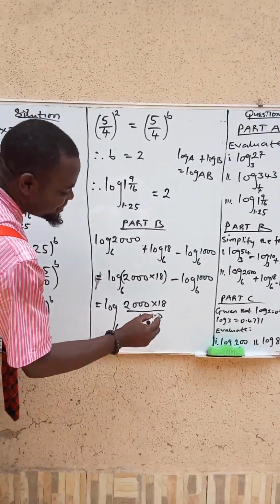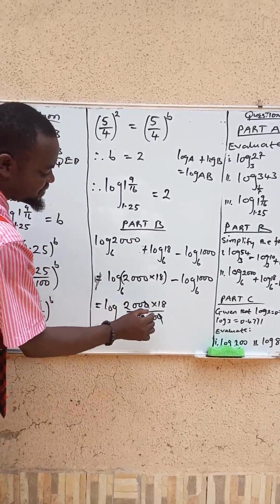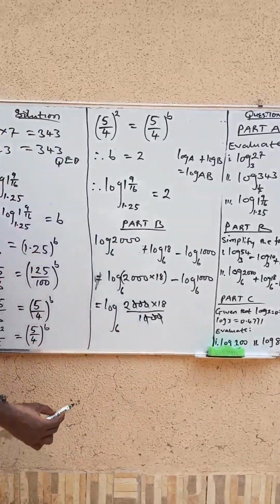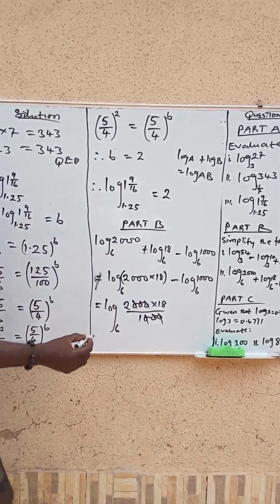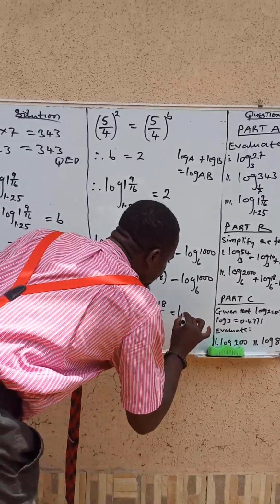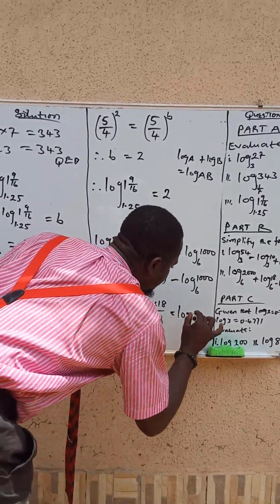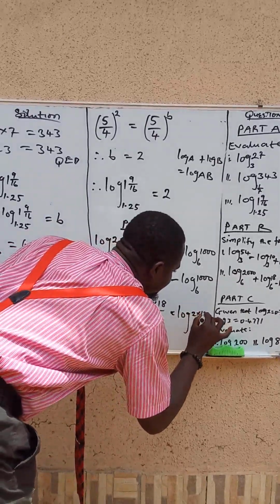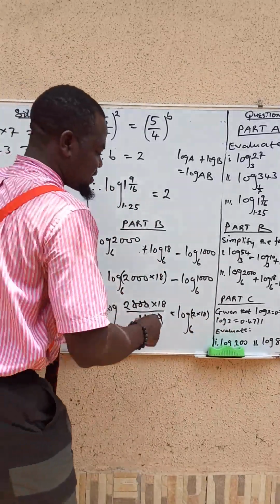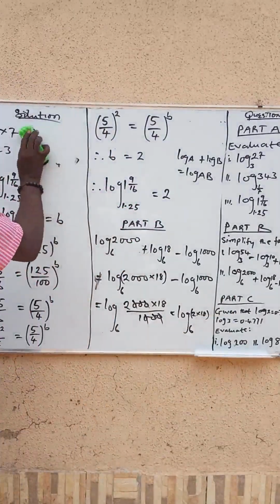So I don't need to stress myself. This zero takes care of this, this takes care of this, this takes care of this. So I have 2 times 18. So this is the same thing as log of 2 times 18 to base 6. Yes, that is what it is.